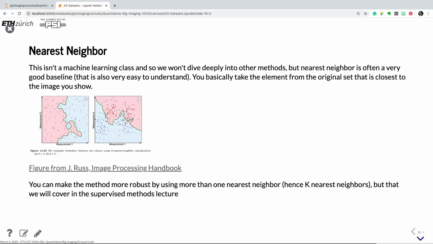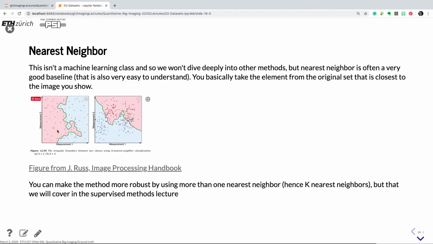Here is an example taken from John Ross' image processing handbook. You can see here the segmentation line is going pretty zigzaggy around. All data within the pink region is closer to a red dot, while all the ones in the blue region are closer to a blue dot.